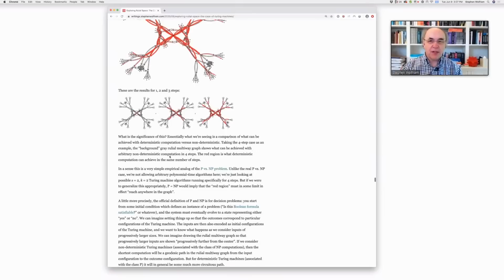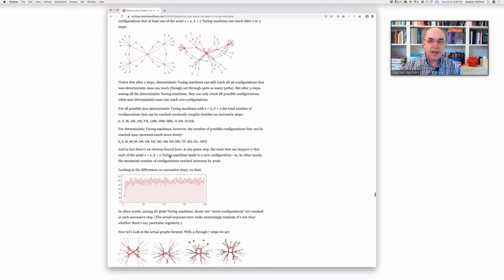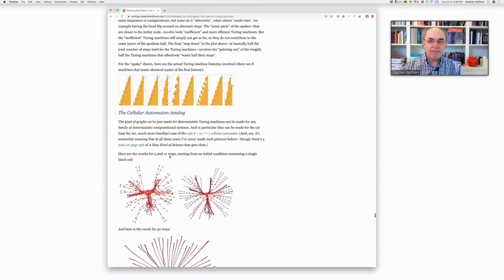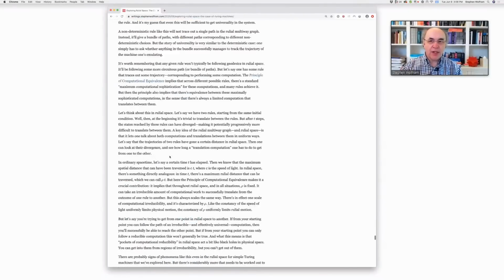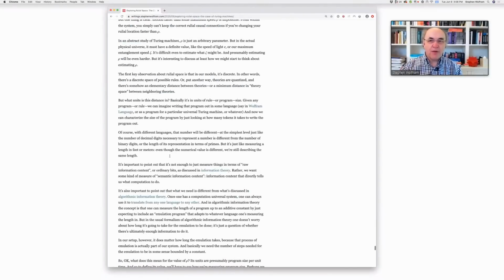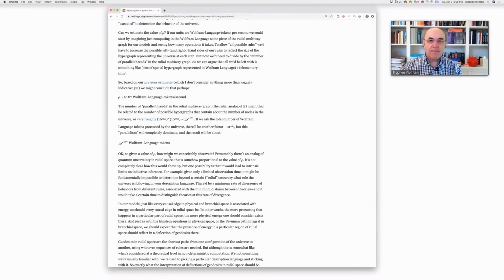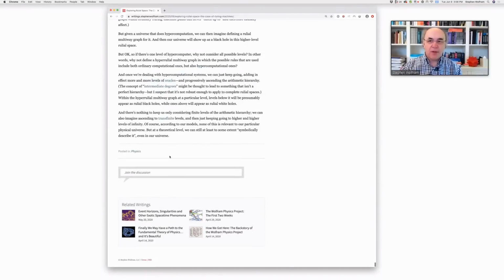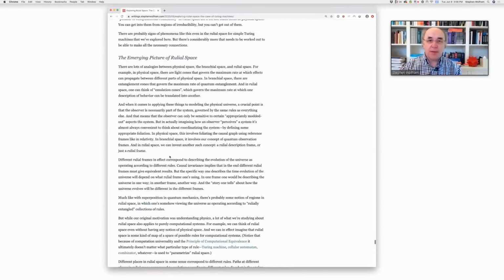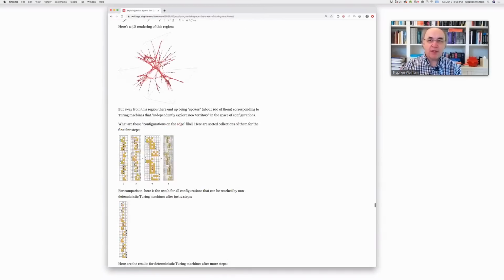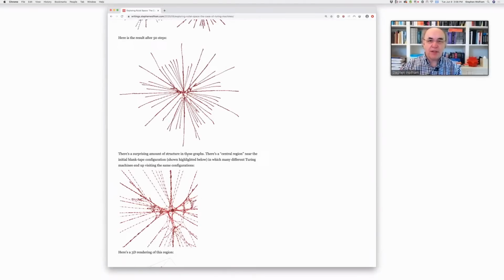I think I mentioned it in the update on Thursday about being able to actually estimate the value of the maximum speed in Rullial space. Anyway, this just went up.